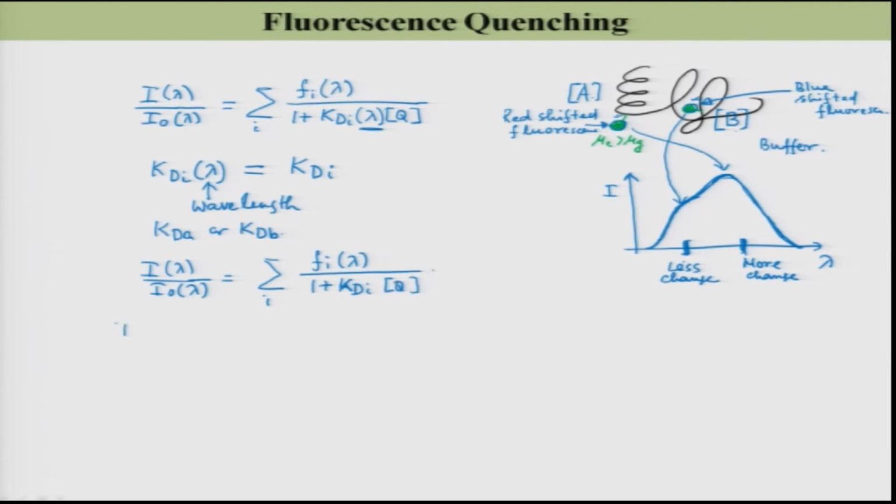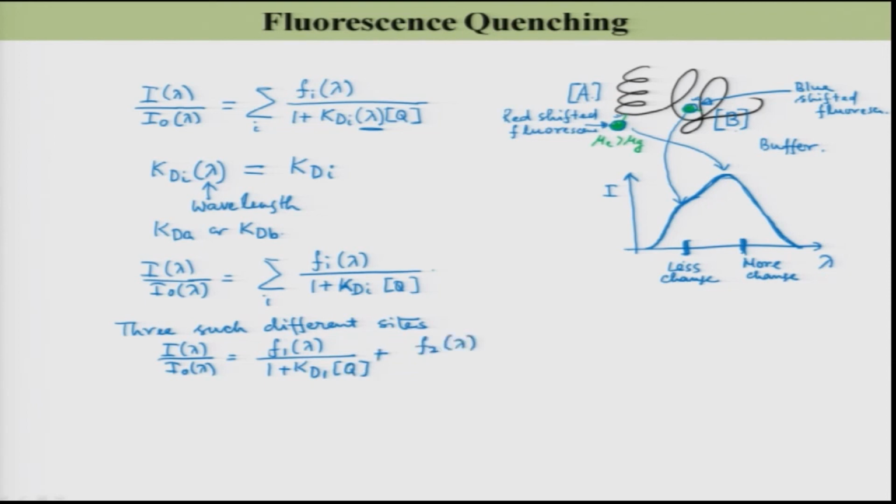Like if I have 3 such different sites, then I can simply write I lambda by I0 lambda equal to f 1, for my first site, divided by 1 plus k d 1 into q, plus f 2 divided by 1 plus k d 2 into q, plus f 3 divided by 1 plus k d 3 into q.